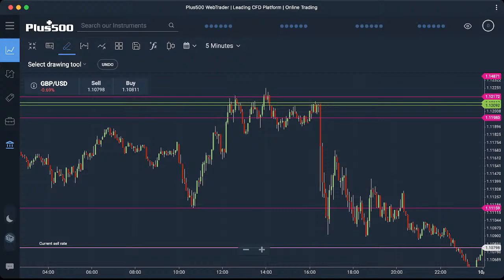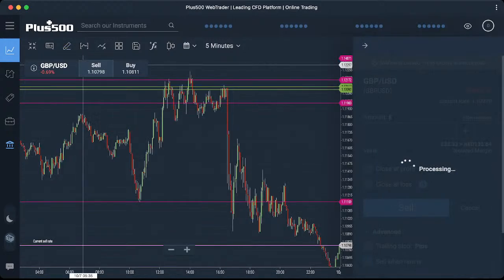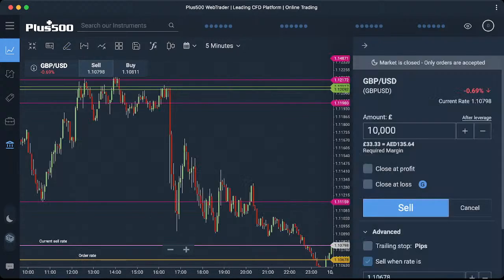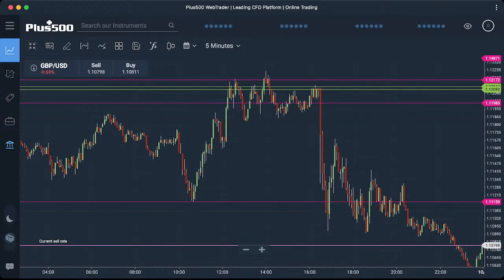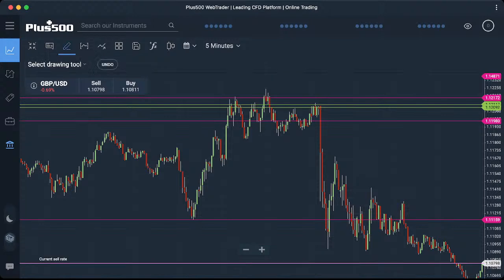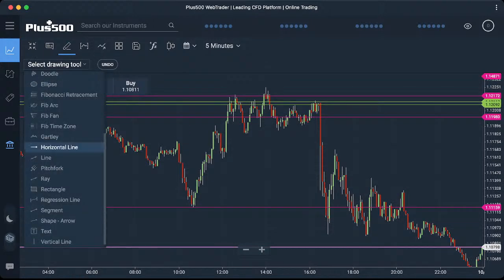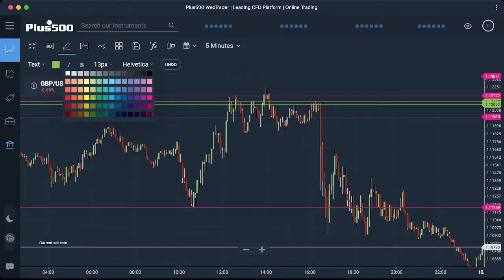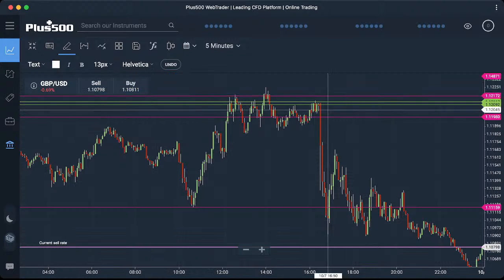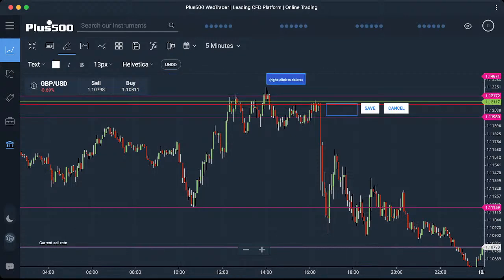just to make it more clear, I want to put the text inside this to show you that this could be your trade entry.